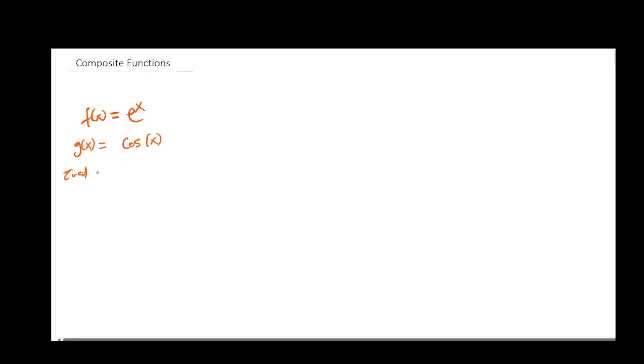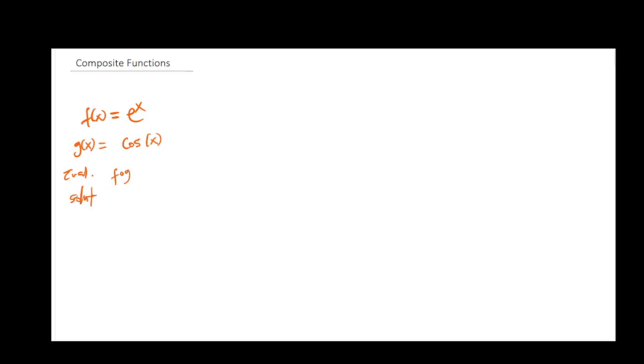If we have that our f of x is the exponential function and our g of x is equal to cos x, and we are asked to evaluate f of g.